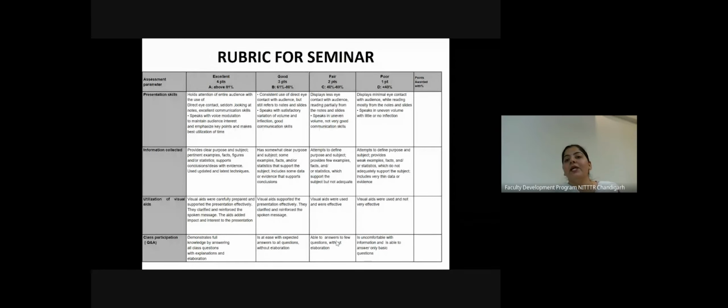What is in the fair category? Displays less eye contact with the audience, reads partially from the notes and slides, and speaks in uneven volume, not very good in terms of communication skill. Poor category: minimal eye contact, reading mostly from notes and slides, and speaks in uneven volume with little or no inflection. So each and every dimension is clearly described when it comes to the development of a rubric sheet.